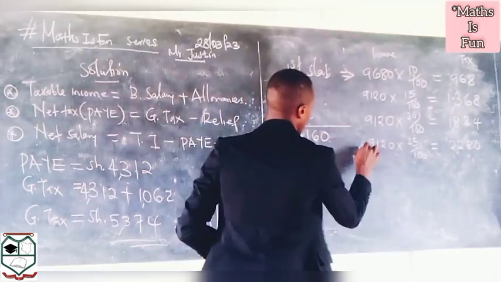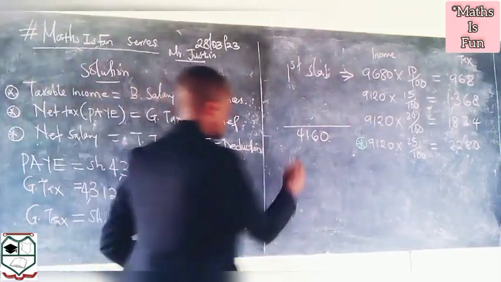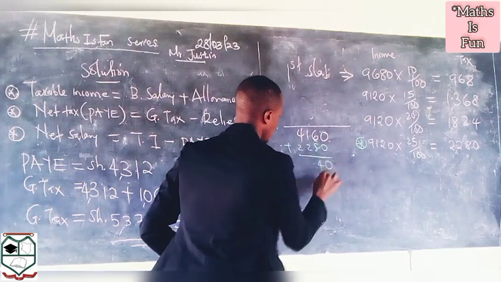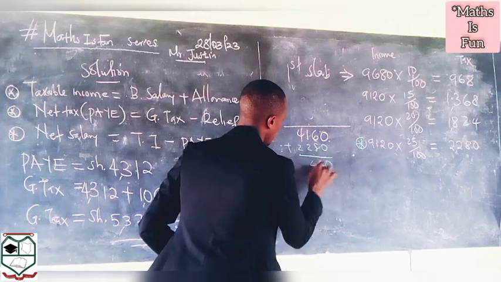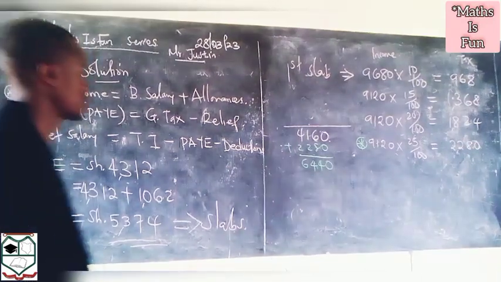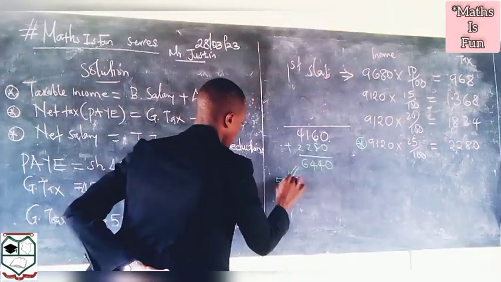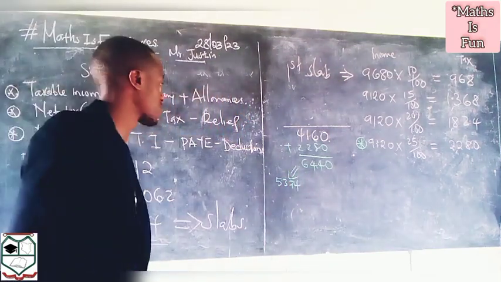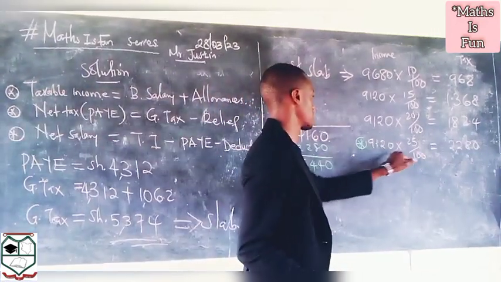You get 2280. If you add 2280 here, you get 6440, which is far above 5374. So it means the income of this person lies within this slab.